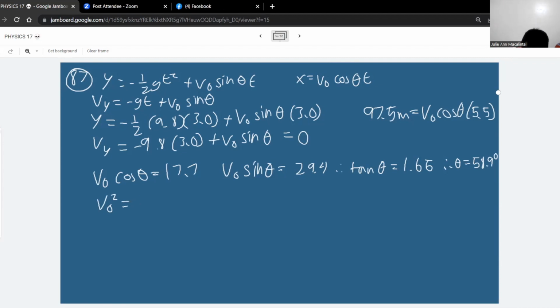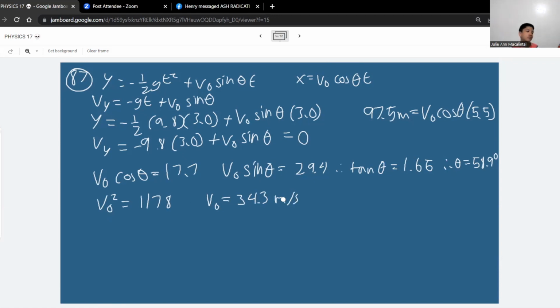Yun po yung ultimate big brain na solution. Tapos meter squared over second squared. So v sub 0 is... ayan.